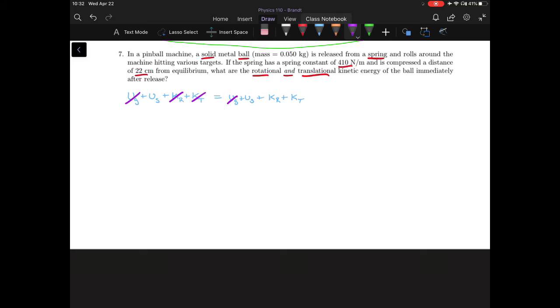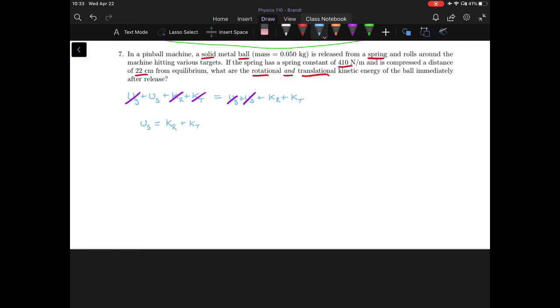Now, after we release it, we still have no gravity. We're at the same height. And the spring is no longer compressed, so we have no spring, but we are going to have rotational and translational kinetic energy. So, just simplifying this a little bit, we have the spring potential is equal to the kinetic plus the kinetic.